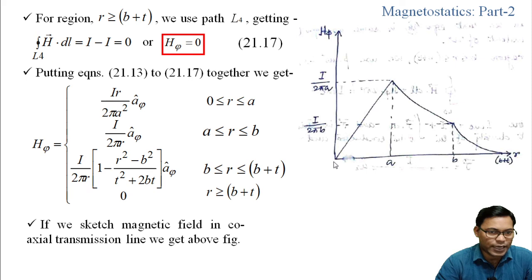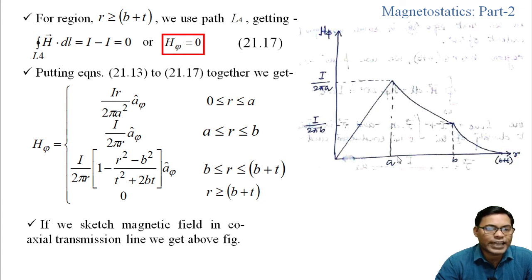You can see that from 0 to a, if the radius increases from 0 to a, the magnitude of the magnetic field intensity increases linearly. From this expression you can see that I is constant, 2 pi is constant, a is also constant, so as r varies, H phi varies proportionally, so it is linearly increasing.